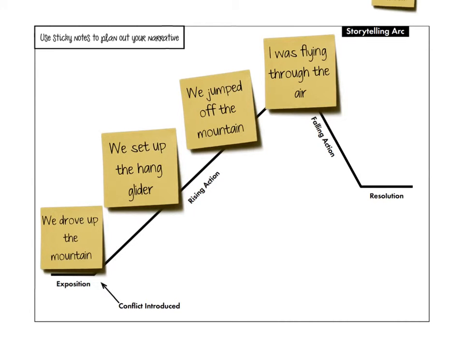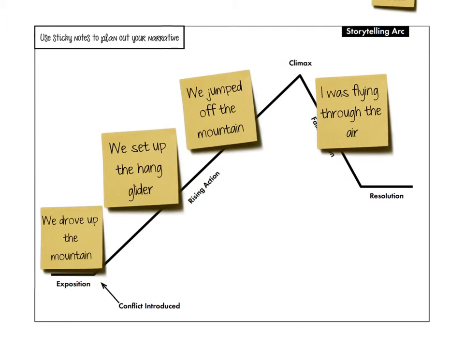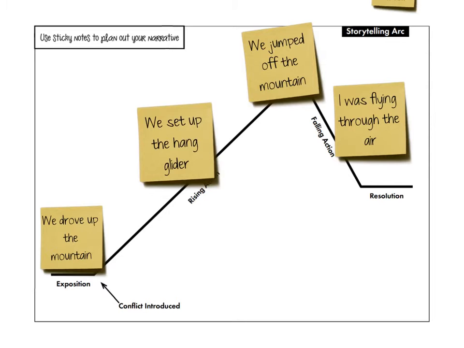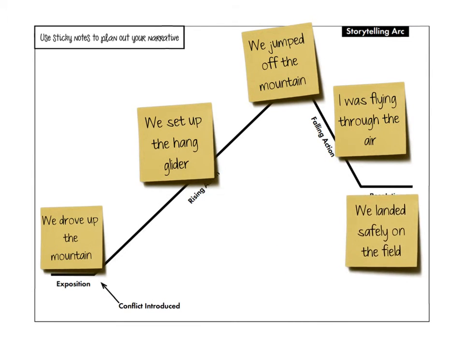But jumping off the mountain was the really intense, exciting part. So, because they're Post-its, I can move this over here and move this up there, okay? There's no exact amount of how many you need to have. You can choose, okay? And at the end, I said we landed safely on the field.